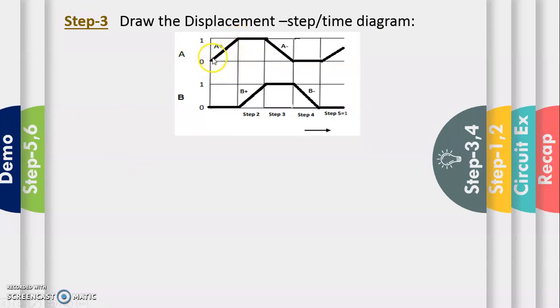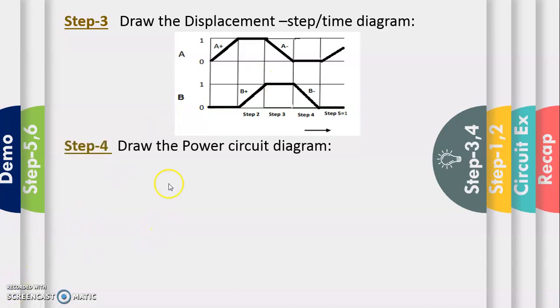Once the A extension is done, at that point your B has to extend. Once the B extension is done, your A has to come back to its initial position. Once A comes back to its initial position, that is retracted, and after that your B has to retract. So this will be the actual displacement step diagram. With the help of that, you are going to design an automation circuit.